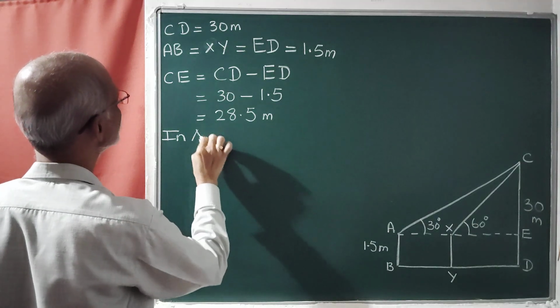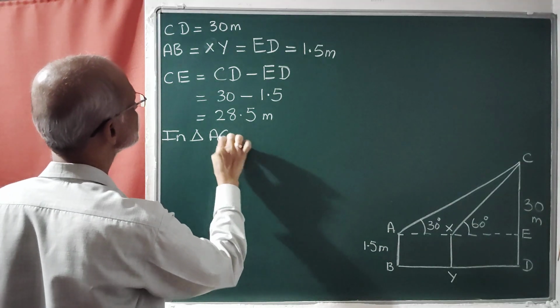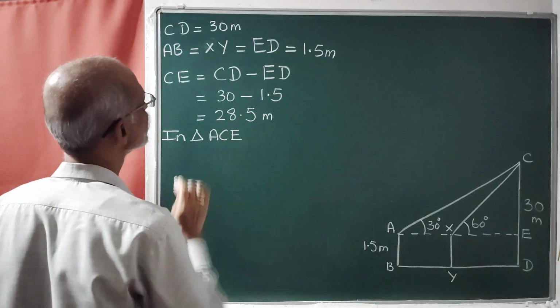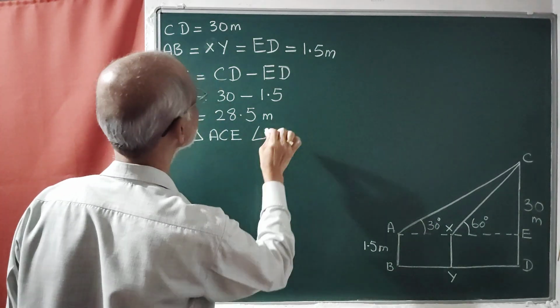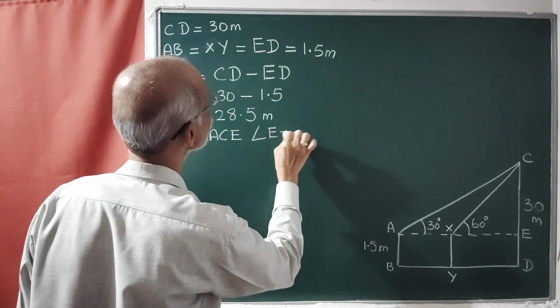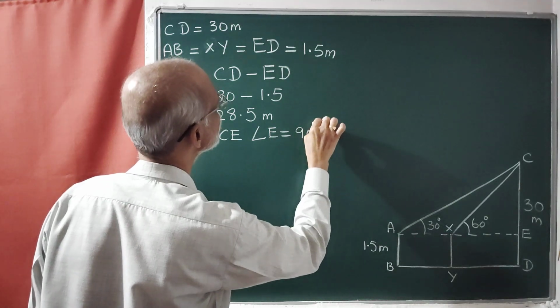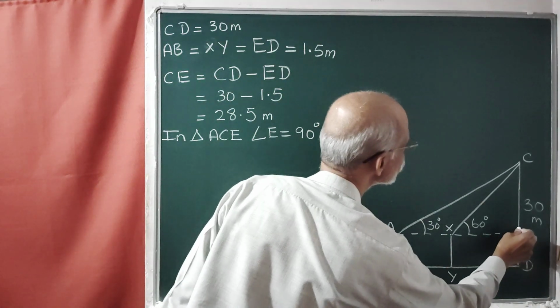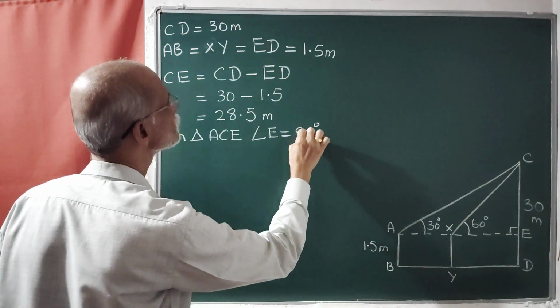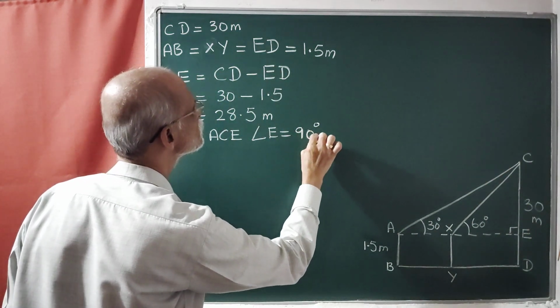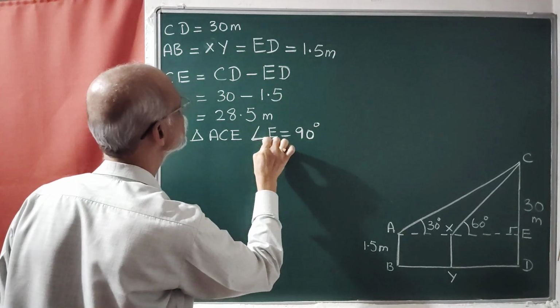In triangle ACE, angle E is equal to, say, a right angle.